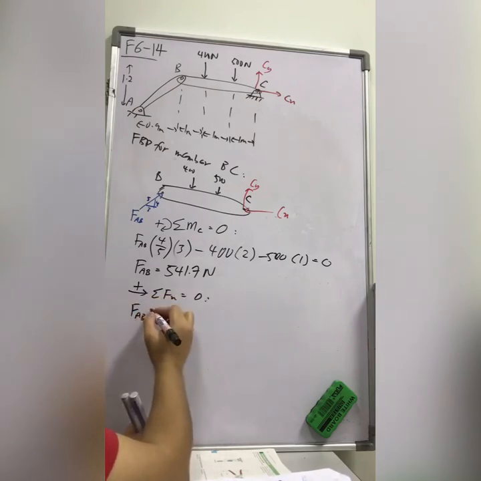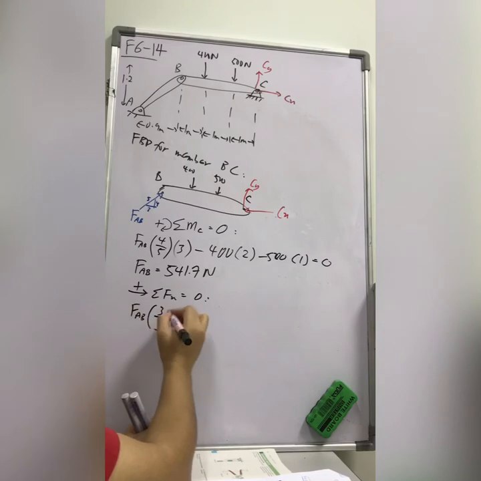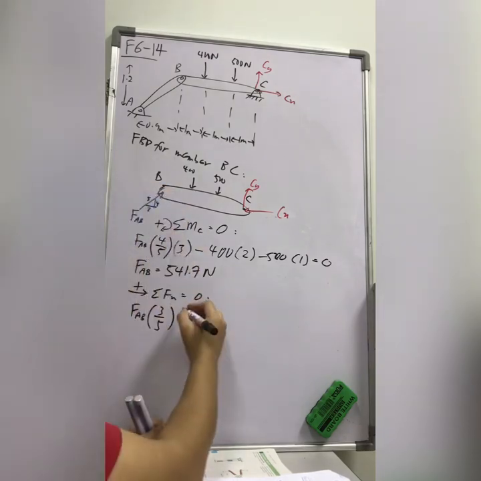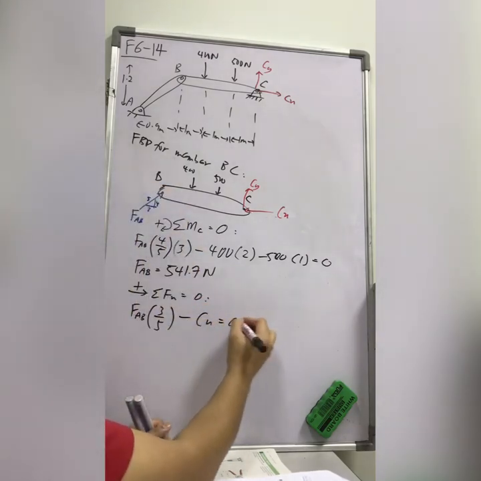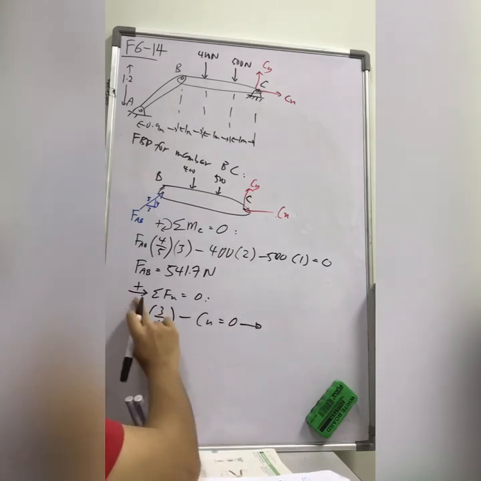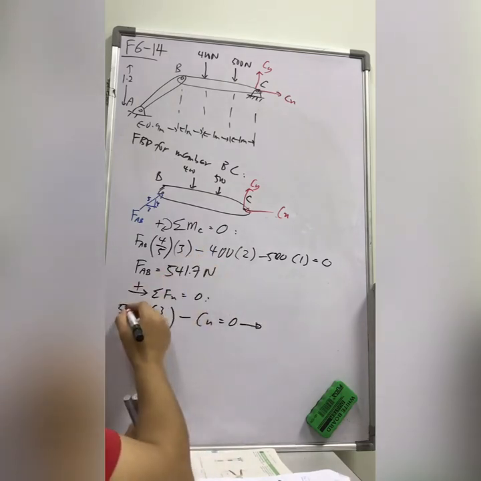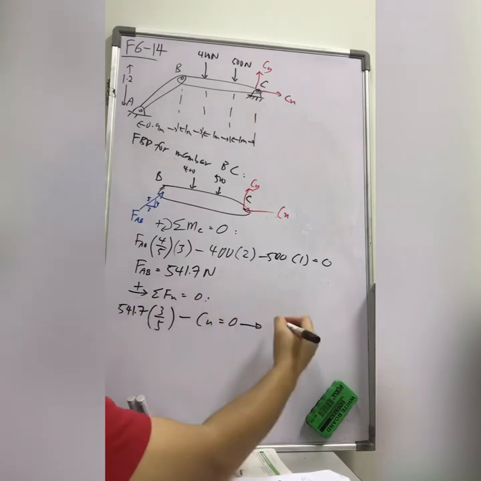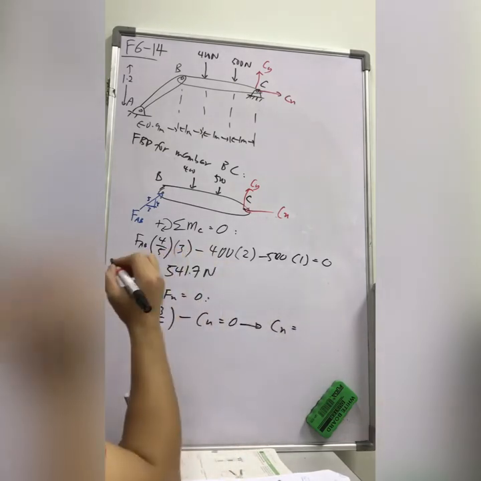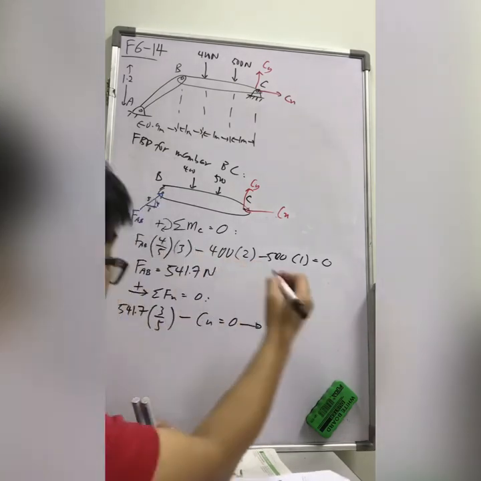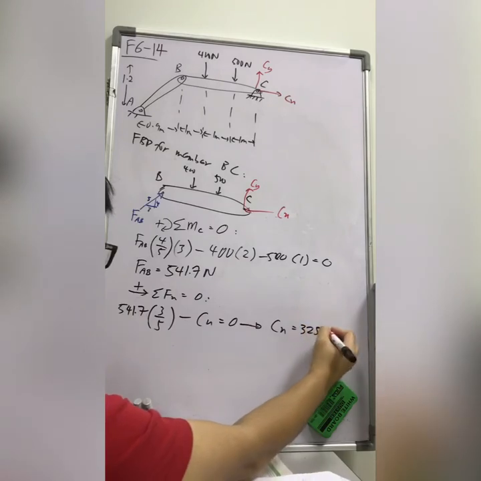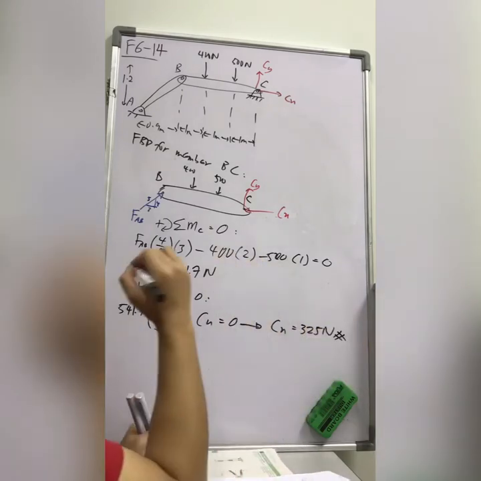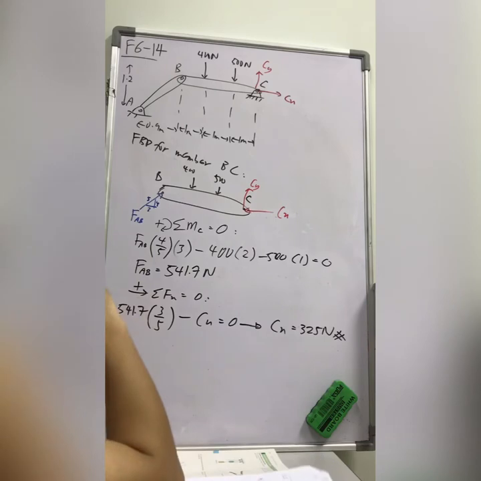The x component of FAB is 3/5, so 3/5 FAB minus Cx equals 0. Since FAB is 541.7, Cx equals 325 Newton. This is the horizontal component of the reaction at C.